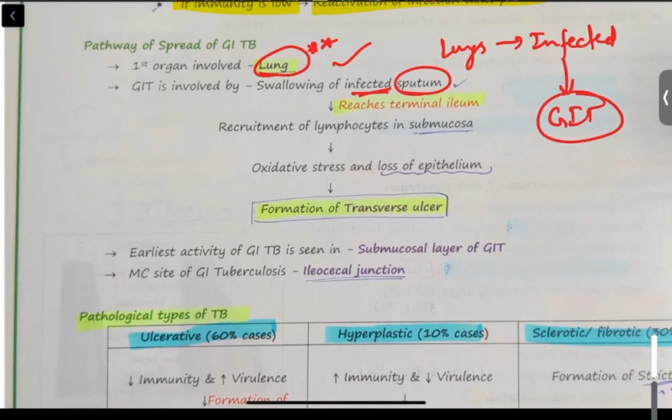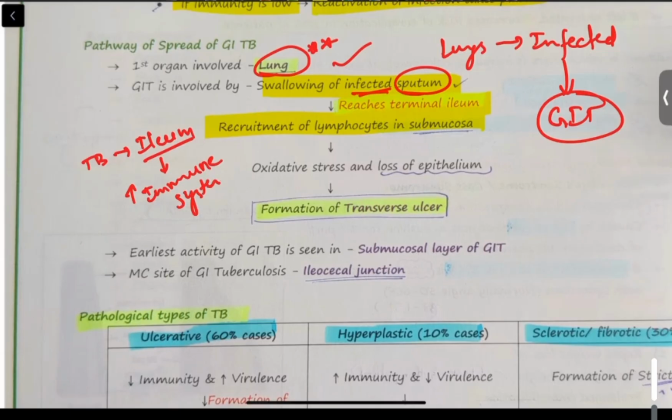Swallowing of the infected sputum will lead it to reach the terminal ileum. So basically this is an antigen, this is an infection. The TB bacteria has reached the ileum now, and there will be activation of the immune system over there.